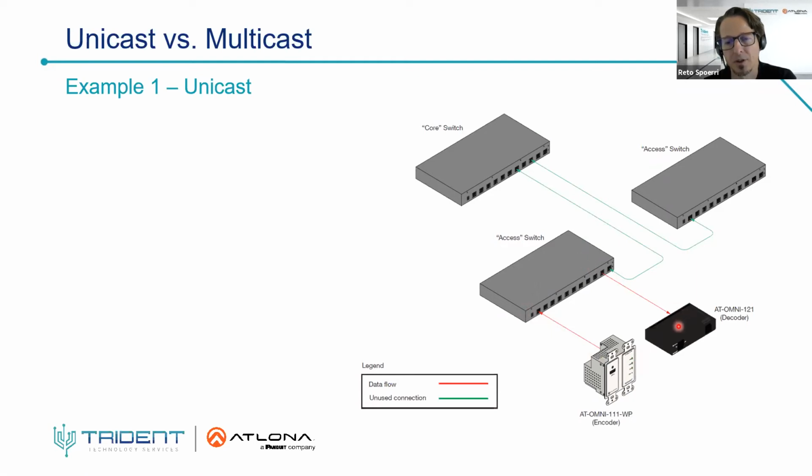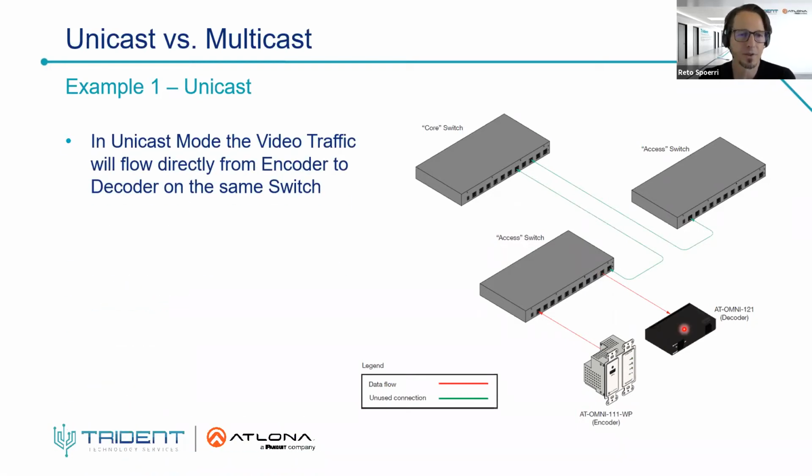So the data, when prepared by the encoder, already contains the IP address of the decoder. So the data packets are being sent to the switch, can be an access switch or any other kind of switch. And then the access switch knows, oh, I have in the header of my video packets the information of the destination, and the destination happens to be on the same switch. So I simply forward that traffic to the decoder.